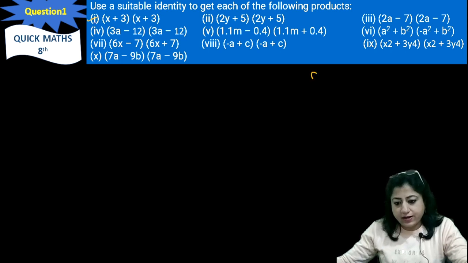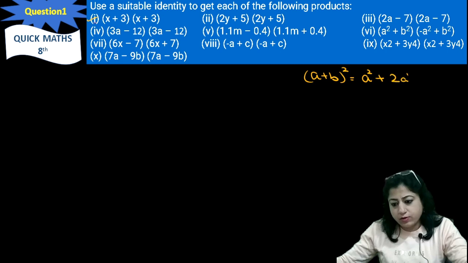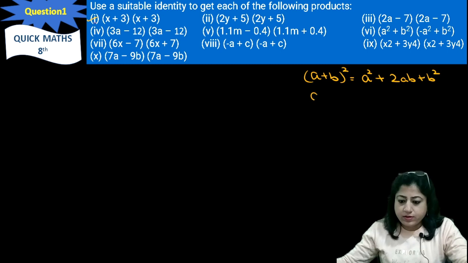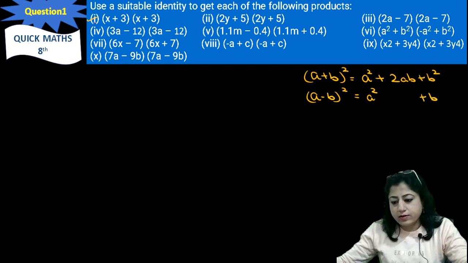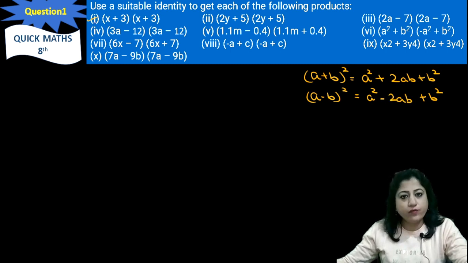The first identity is (a plus b) whole square will be a square plus 2ab plus b square. Similarly, (a minus b) whole square will be a square plus b square minus 2ab, because it is a minus sign in between a and b.